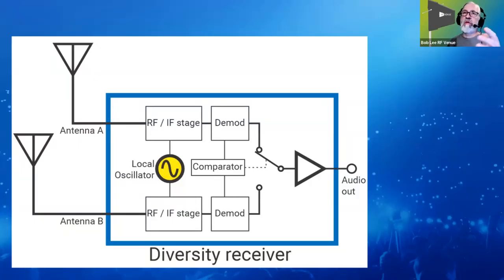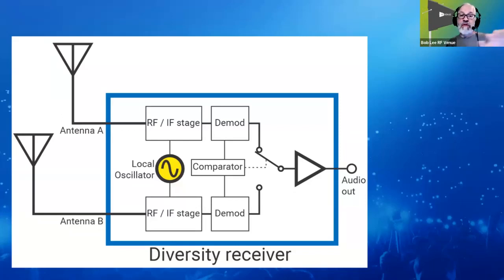There are a growing number of ways that digital systems work and use diversity, but the same idea is there, that you have mutual redundancy, so that if you do lose signal on one antenna, there's the other antenna there. And if that antenna loses something, the first antenna is there.